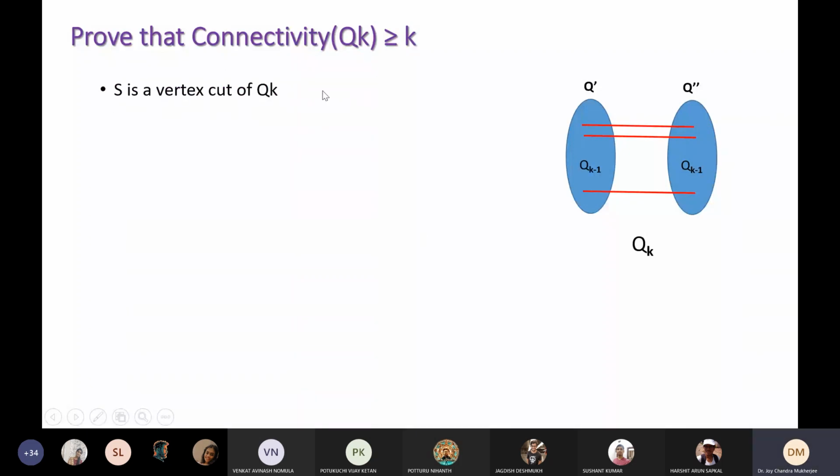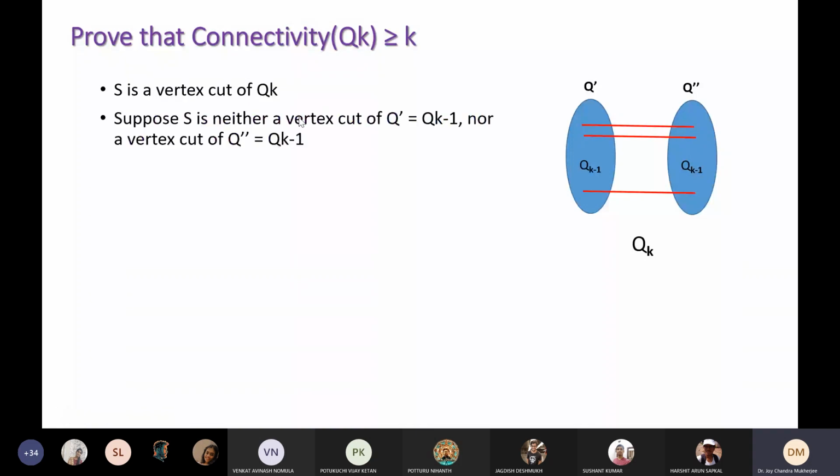To prove that the connectivity of Qk is greater than or equal to k, suppose S is a vertex cut of Qk, and we also assume that S is neither a vertex cut for Q prime nor for Q double prime.